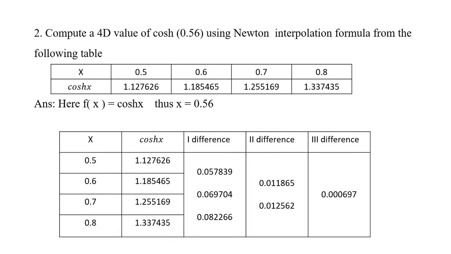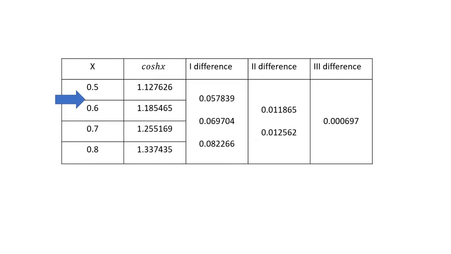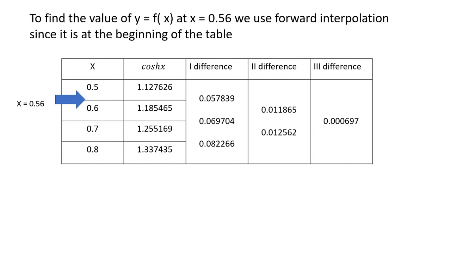Construct the table. 0.56 lies between these two values. Since it is at the beginning of the table, we can use the forward interpolation formula. Because they have not mentioned whether we have to use forward or backward, it is up to us to decide which formula is better to give a more approximate answer and to avoid error.